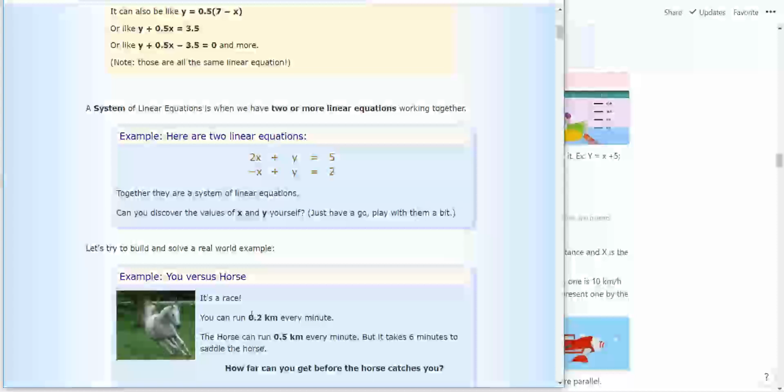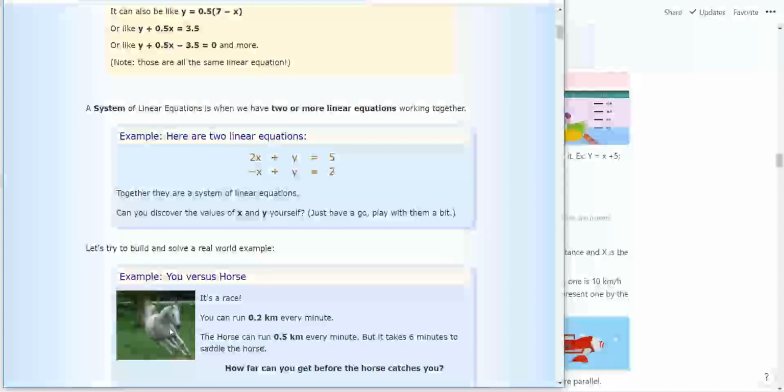The horse can run 0.5 kilometers a minute, so that's something they share. They share the time, but it takes 6 minutes to saddle the horse, so this takes an extra 6 minutes.